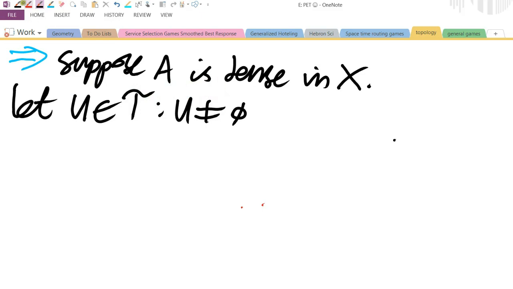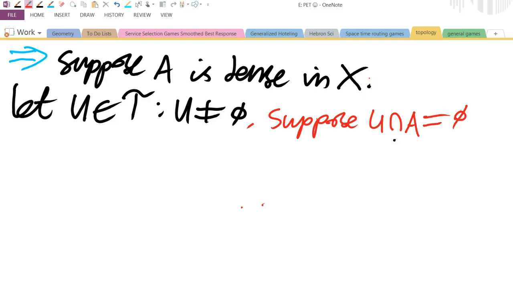And we're going to suppose something that's false, and we're going to try and find a contradiction. So we're going to suppose that the intersection of U with A is empty. Now that's not going to be true, but we're going to derive a contradiction from it, okay? We're going for a reductio ad absurdum argument. So suppose that the intersection of this open set with A is empty.